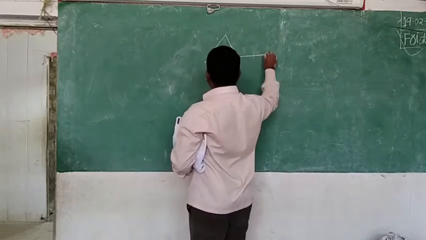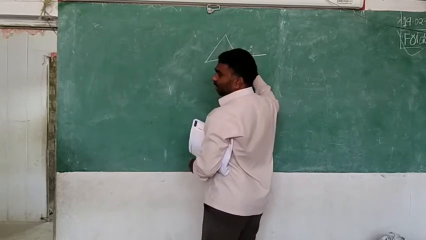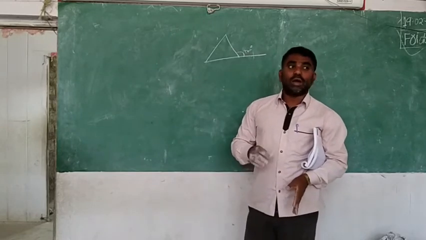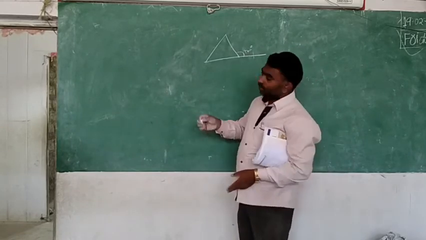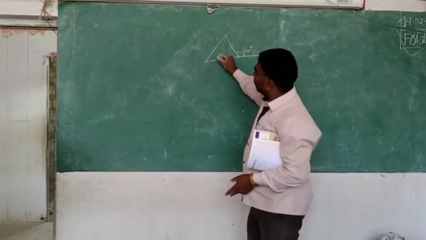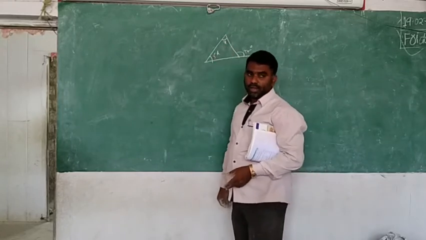One exterior angle is given, 120. Exterior angle 120, we will mark here. These two are which side? Not only interior, he said opposite interior for 120. Which one? This one at top and this one. One is x, one is 5x. Now you know the method.